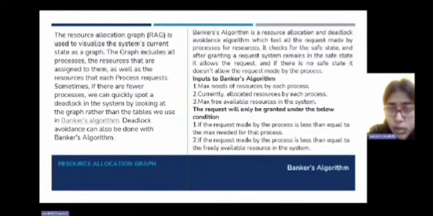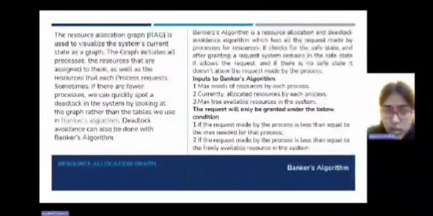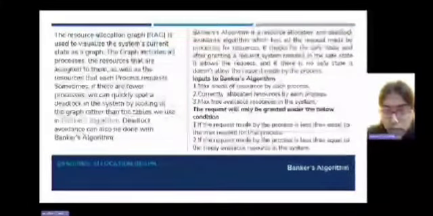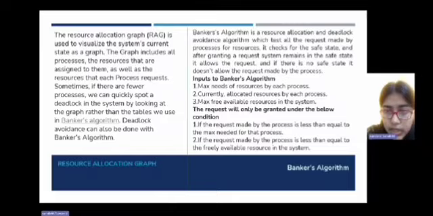The graph includes all processes, the resources that are assigned to them, as well as the resources that each process requests. Sometimes, if there are fewer processes, we can quickly spot a deadlock in the system by looking at the graph rather than the tables we use in Banker's algorithm.